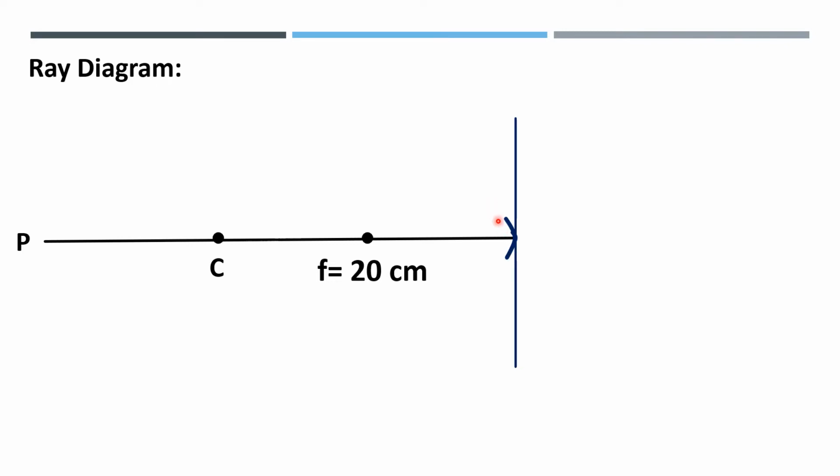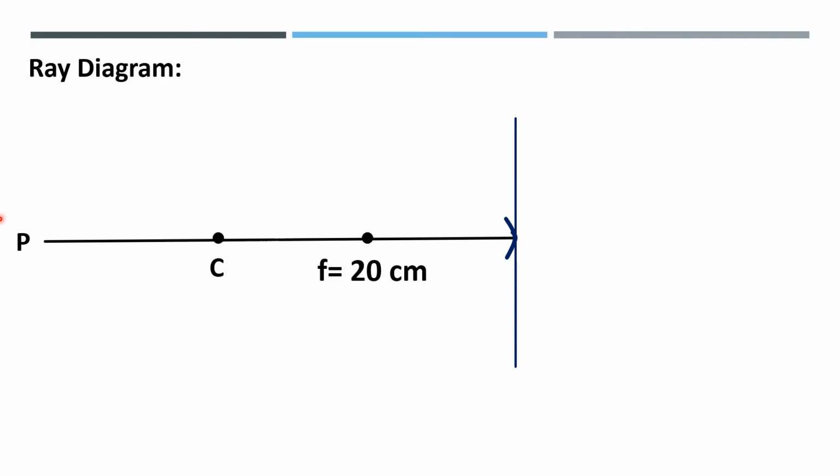It doesn't exactly show you the exact size, but we just want to emphasize that the mirror is a concave mirror. The reflecting surface is facing to the left side. In other words, the rays of light coming from the object will be coming from the left side going towards the mirror.